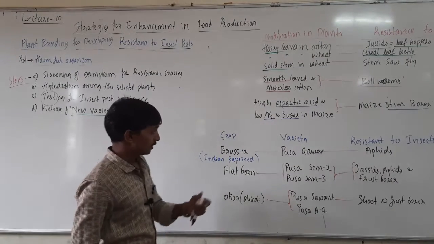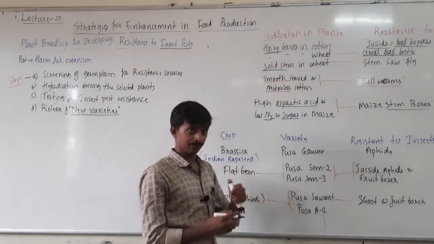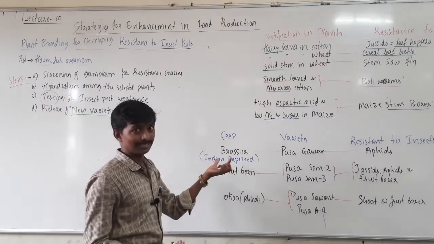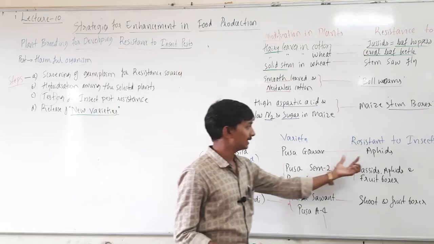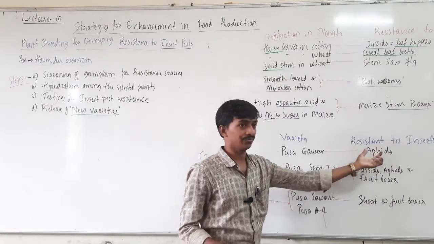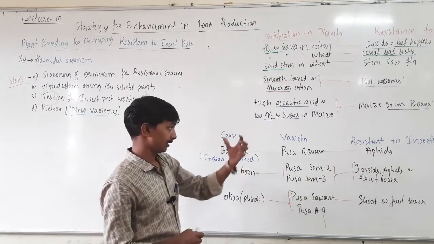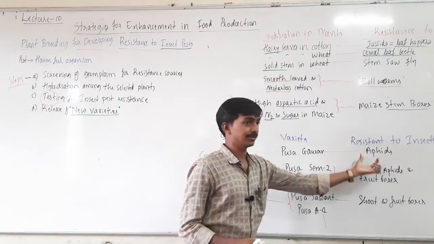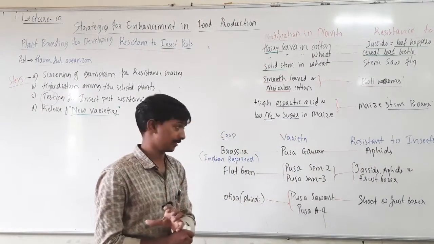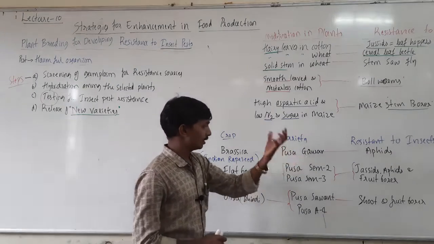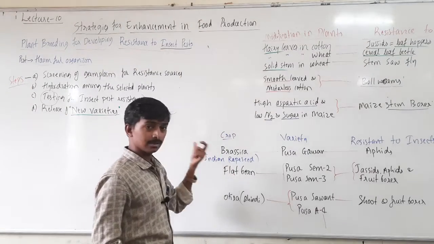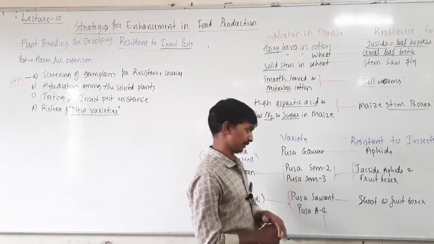The variety Pusa Gaurav of brassica is resistant to the insect group called aphids. Remember, this variety of this crop is resistant to this insect. You should read it like this: Pusa Gaurav variety of brassica is resistant to aphids.